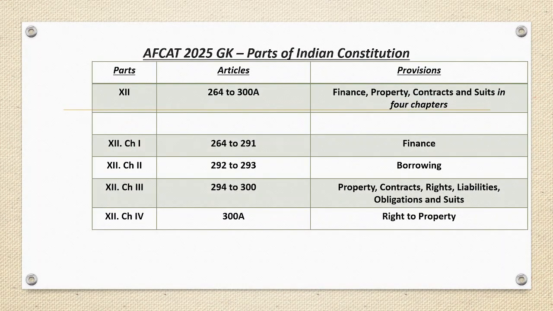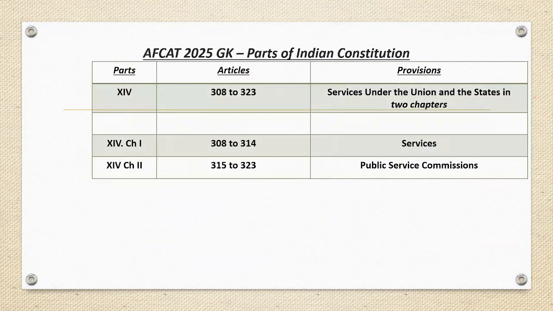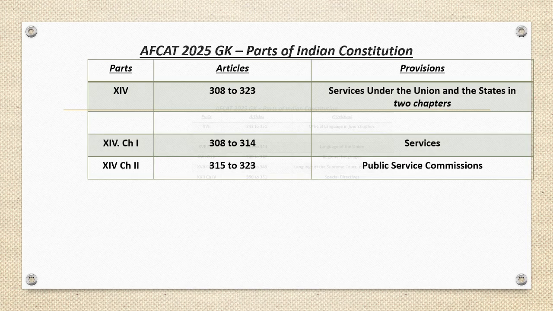Then part 12 is further divided into four chapters: finance, borrowing, property, contracts, rights, liabilities, obligations, and suits, and right to property. And part 14 is further divided into two chapters. While the first chapter deals with the services, the second chapter deals with the Union Public Service Commission and respective state public service commissions.